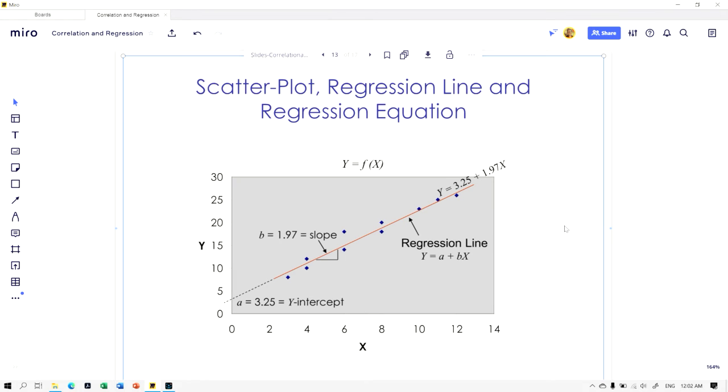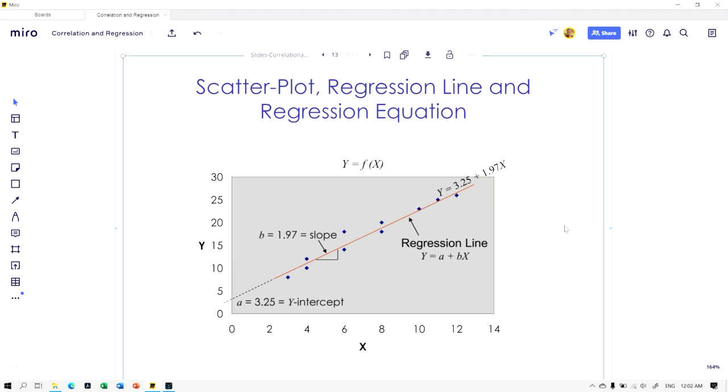This data will give a regression line equation y equals 3.25 plus 1.97x.